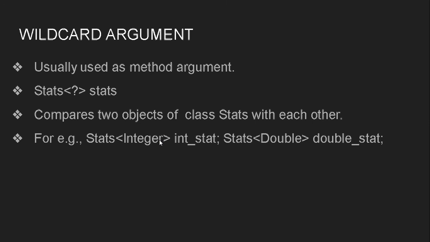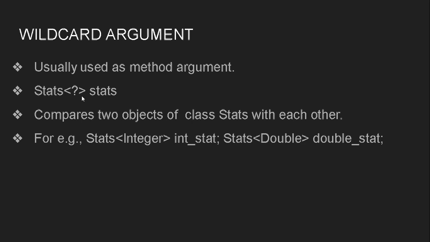Then after that we have the wildcard argument. As the name itself might suggest, this is a kind of method argument. If you look at the second point, it will be a little more clear. Instead of using T, U, or V, we are using a question mark here.